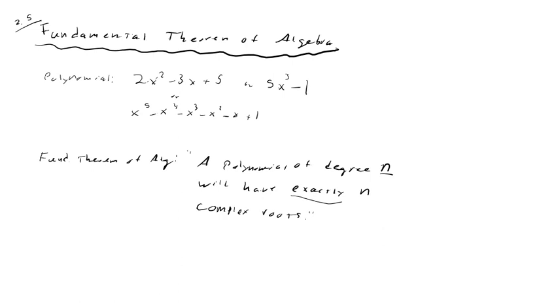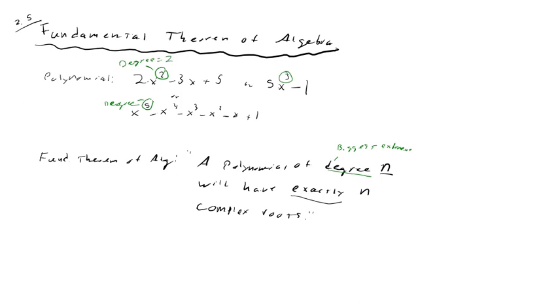And so remember, we talked about the biggest exponents when we say degree. Degree means the biggest exponent. So this is a degree of 2.